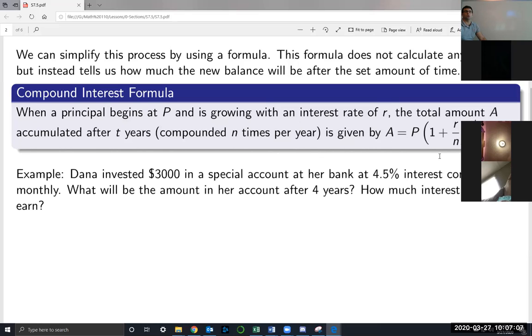When we applied this formula, it ended up looking something like this, where A is the total amount, P is the principal, R is the annual rate, and N is the number of times per year that it gets compounded.